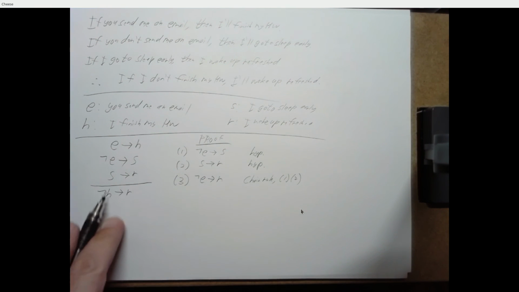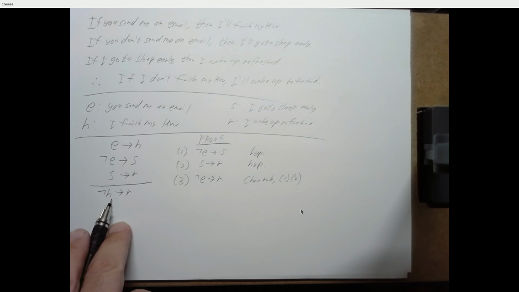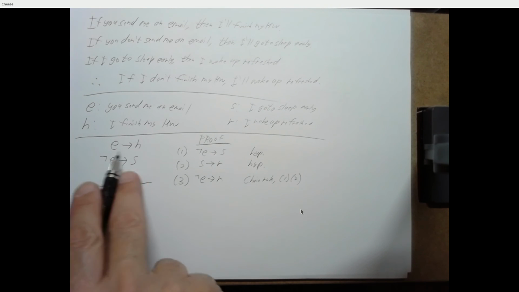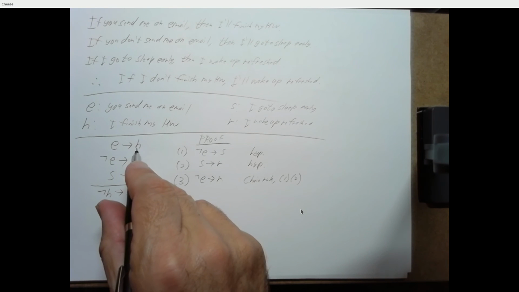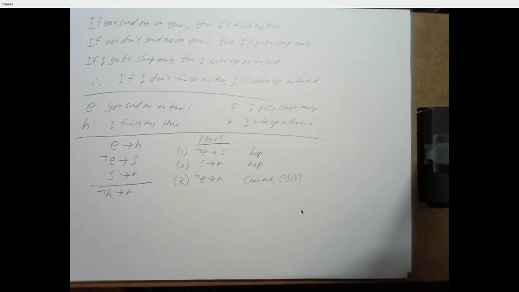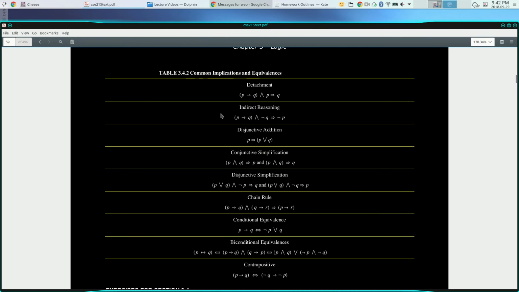Well, we know that E implies H, and we'd like to show that not H implies R. So how can we turn E implies H into something? This is the only statement including H. How can we turn this into something that has not H? Look at your rules over here and see where you get a negation on the right side. And all the way down here at the bottom is a contrapositive.